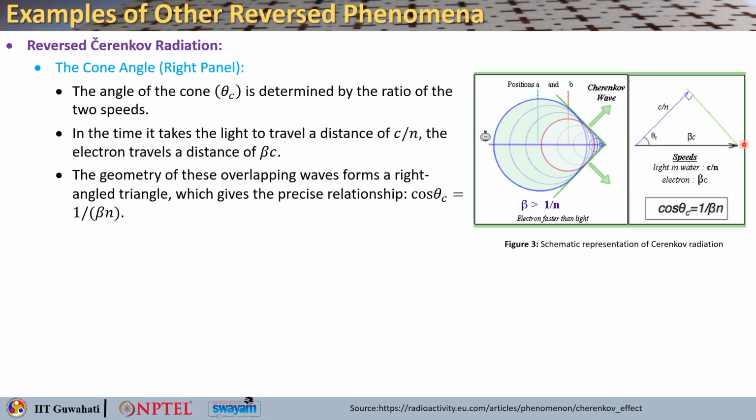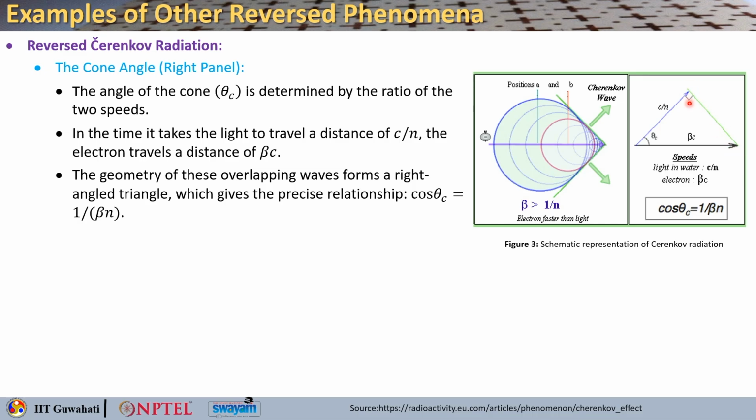This is the electron distance, and this is the distance of light in that medium. You can see that the geometry of these overlapping waves forms a right-angled triangle.